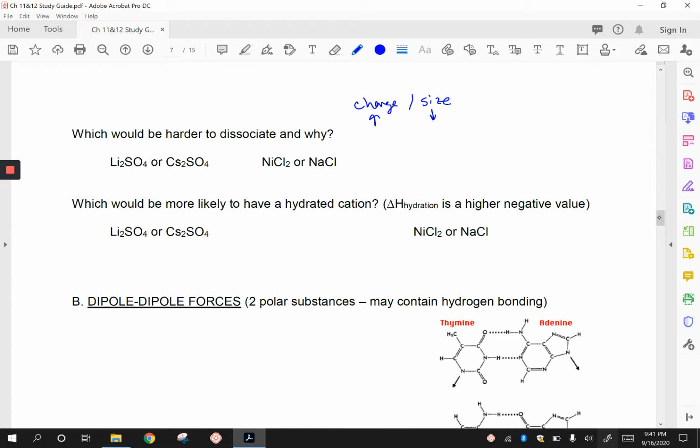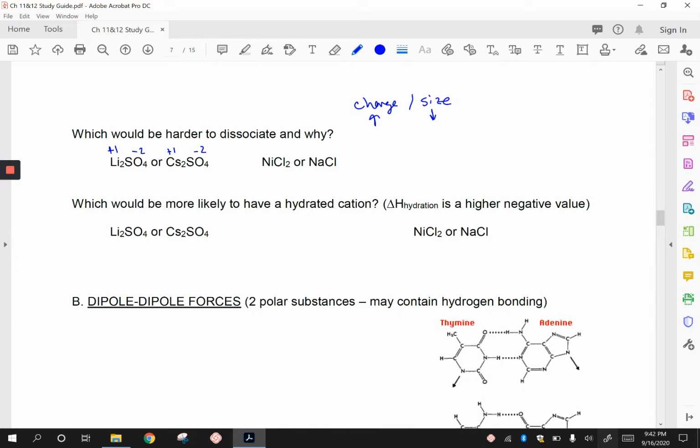So Li2SO4 versus Cs2SO4. The first thing you want to look at is the charges. That's +1, -2, +1, -2. So those are the same type of charges. Then you look at the sizes. The SO4 anion is the same size, but between Li+ and Cs+, Li+ is much smaller.